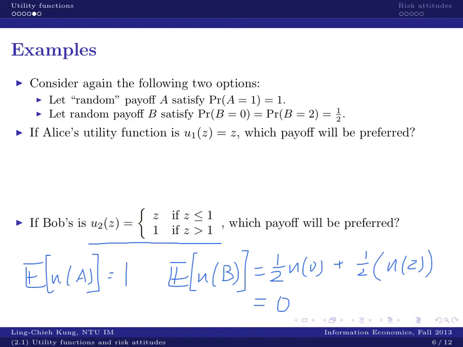But when the payment is 2, your utility is 1. Finally, your expected utility is 1/2. Then in this case, we say that Bob is going to prefer plan A because plan A gives him a higher expected utility.